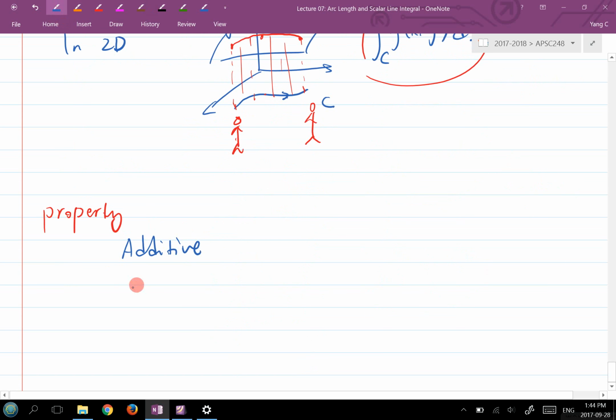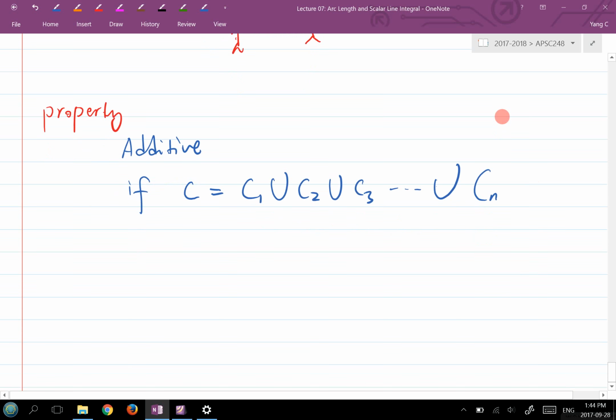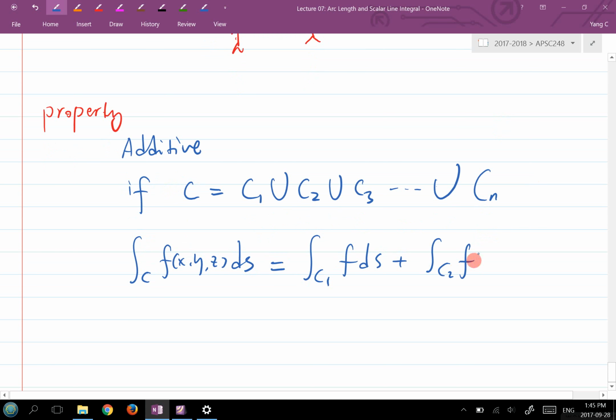Basically, if curve C consists of n segments of curves, C1 to Cn, then your line integral over the curve C can be separated into each one of them by adding each piece.